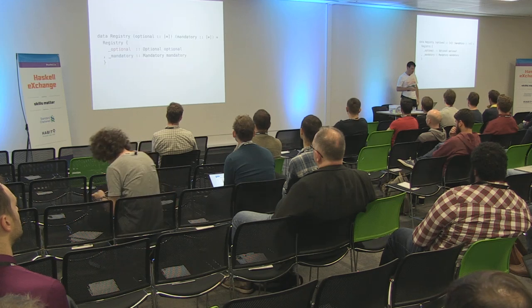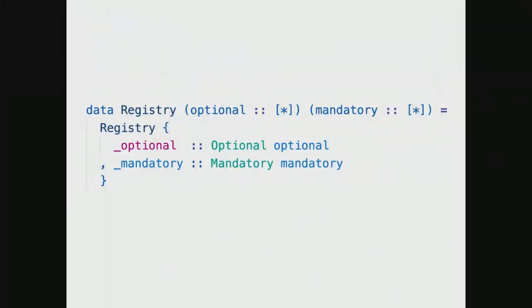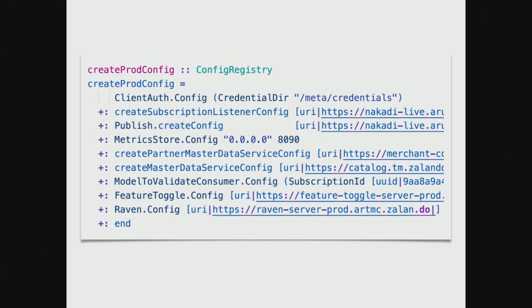But there was, and that's how the registry is implemented. So I used like 2 lists, almost 2 H lists, where some parameters were optional, some parameters were mandatory, as my cache. As I was building components, I was putting that stuff in a registry. And then this is the config.